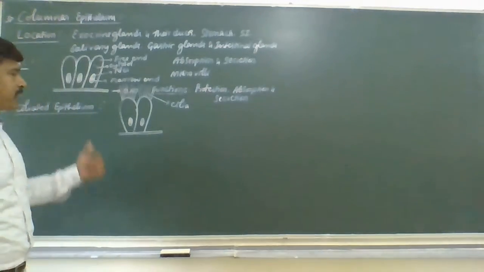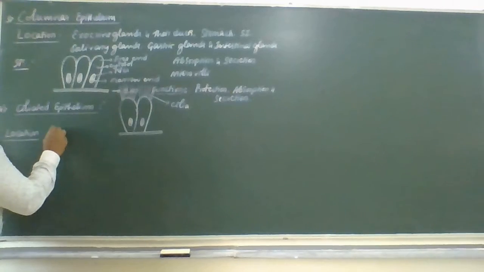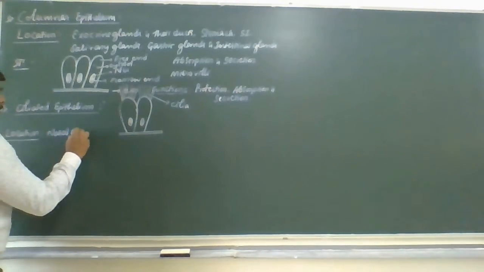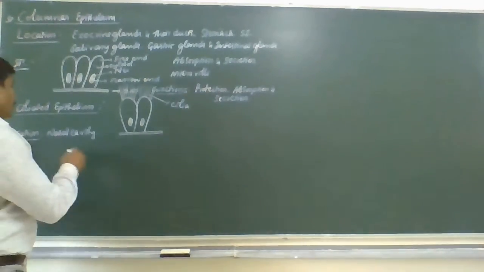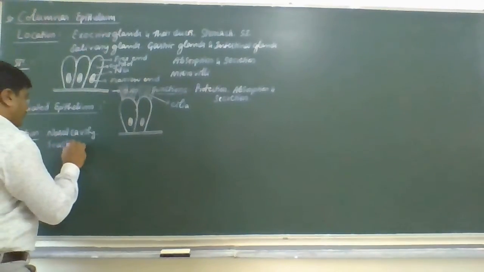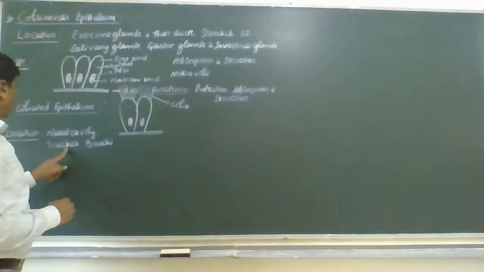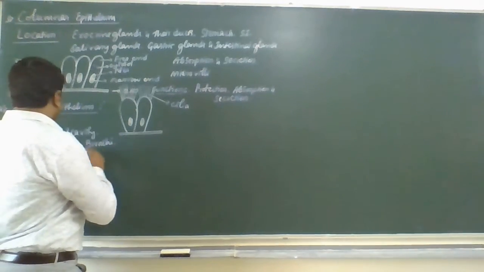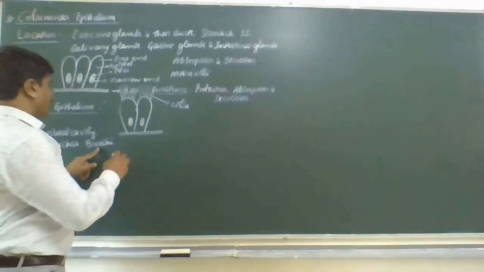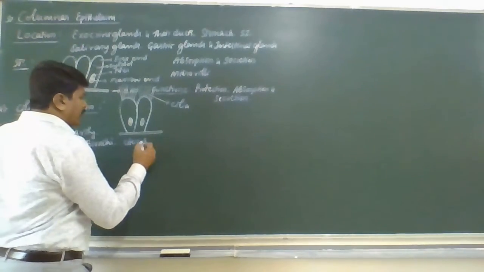Then let us come to the location of the ciliated epithelium. It is always present in the moist regions of the body, like the nasal cavity, trachea, bronchi, and also in the uterus or fallopian tubes.